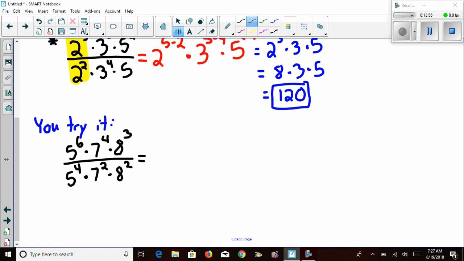In order to simplify this so we can make our math a little easier, 5 to the 6th over 5 to the 4th means I need to take 6 minus 4 for my new exponent. The 7, I need to do 4 minus 2 for the new exponent. And the 8, I need to find 3 minus 2 for my new exponent.